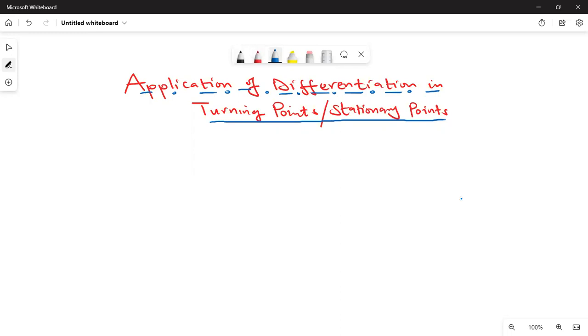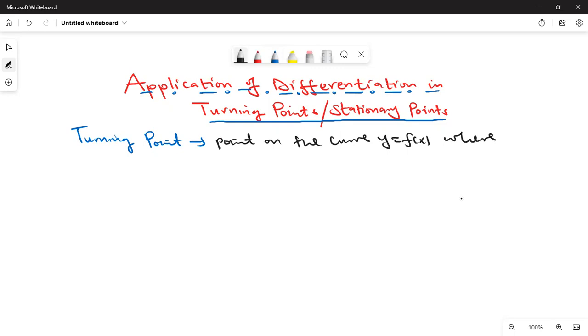So we can write this. We take note that a turning point is a point on the curve y equals f of x, where the slope, another name for slope is gradient, where the slope or gradient is 0.